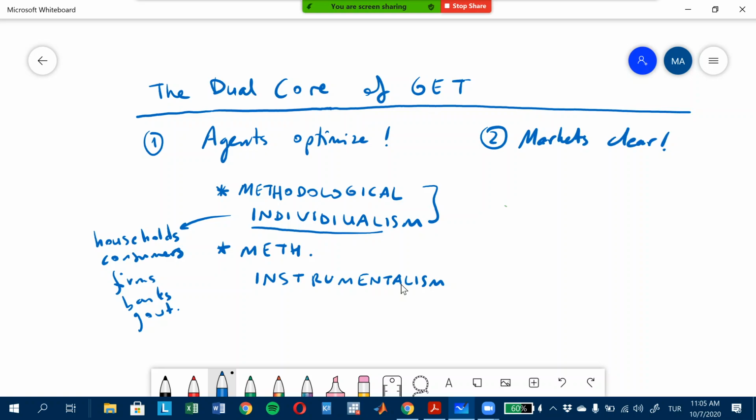And when I talk about instrumentalism, I basically mean we give these agents objectives. Objectives in life.